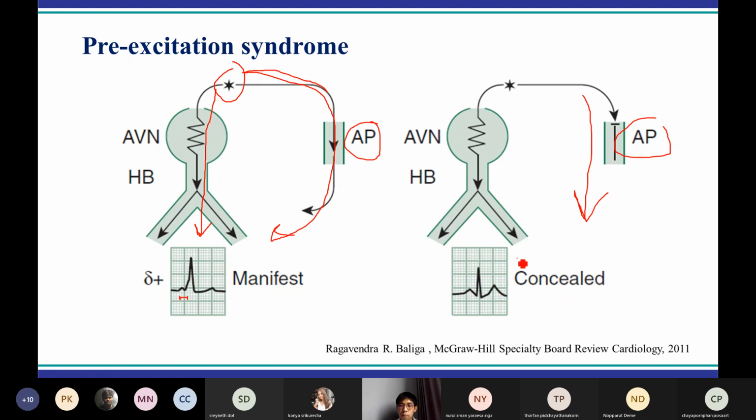The ECG would likely be the same as in normal people, but this type of patient could experience a tachycardia because some pathways could not conduct anterogradely but still could conduct retrogradely. So when the patient is in normal sinus rhythm, you won't see any manifestation on the 12-lead ECG, but patients still could experience a narrow complex tachycardia.